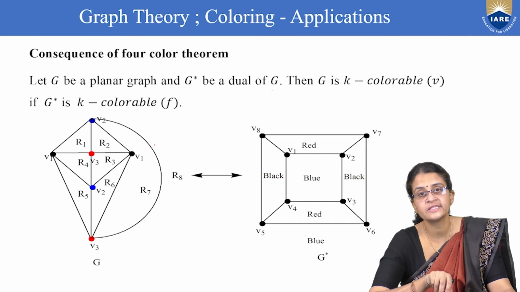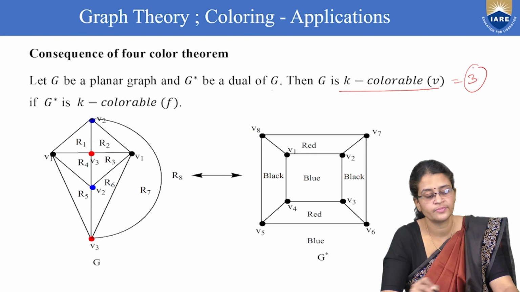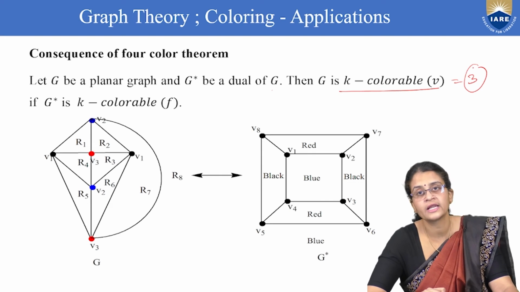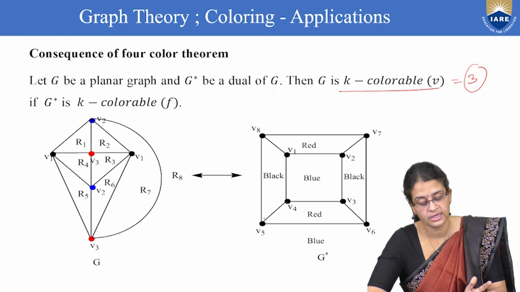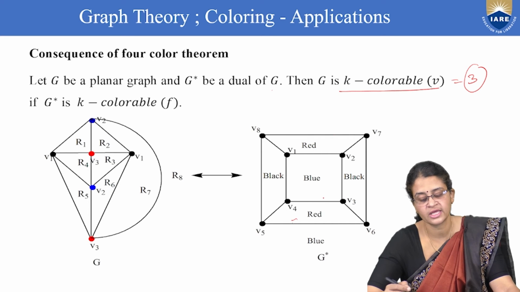Now we take G star, the dual of this G. Considering this planar graph and its dual, we can color using the same 3 colors.